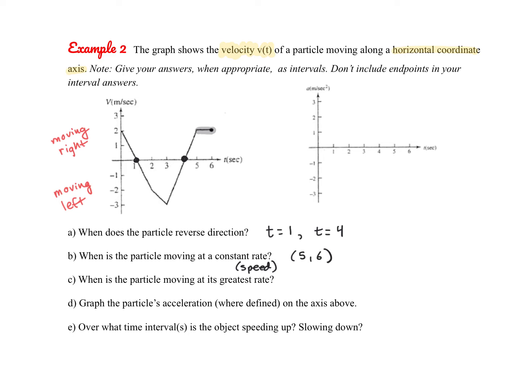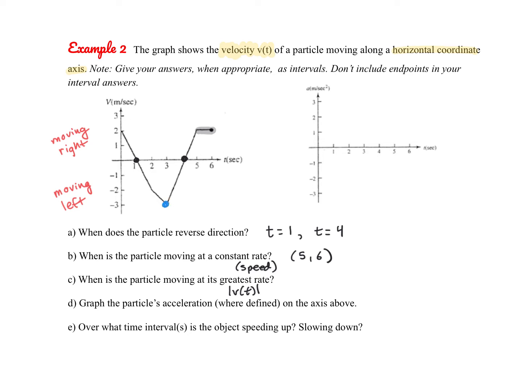So now we want to find when the particle is moving at its greatest rate. Remember, the greatest rate is going to occur when the absolute value of our velocity is the greatest, because we want the greatest speed. So we're essentially looking for the time when we are farthest away from our x-axis, whether it's in the positive or negative direction, it doesn't matter.